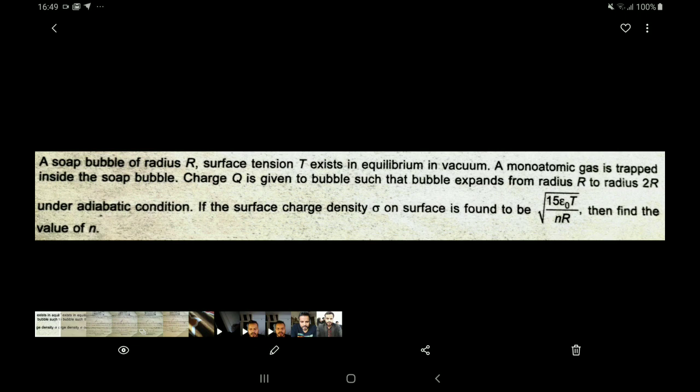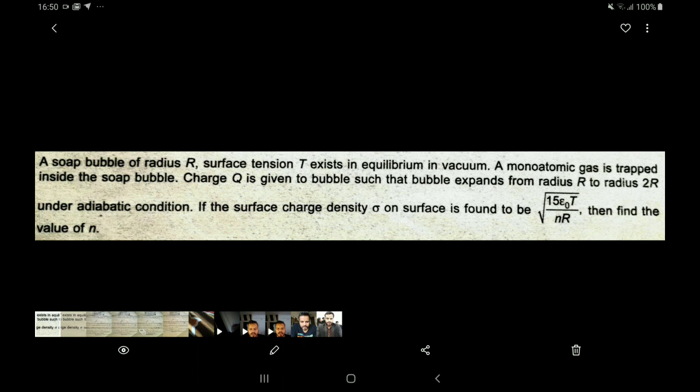So what is the question? A soap bubble of radius capital R, surface tension T, exists in equilibrium in vacuum. A monatomic gas is trapped inside the soap bubble. Charge Q is given to the bubble such that the bubble expands from radius R to 2R under adiabatic condition.